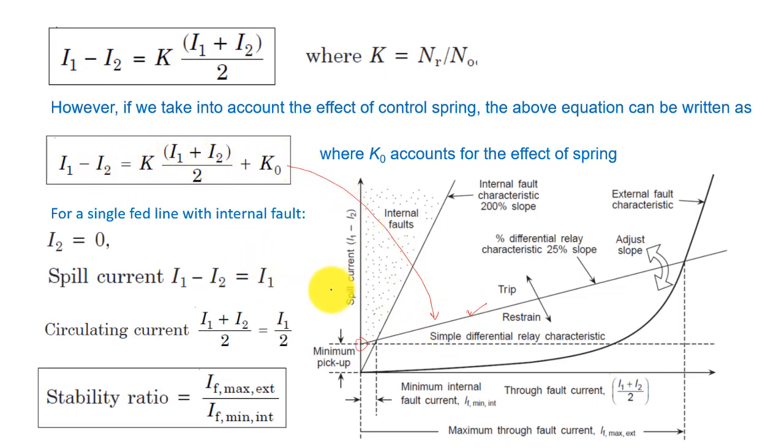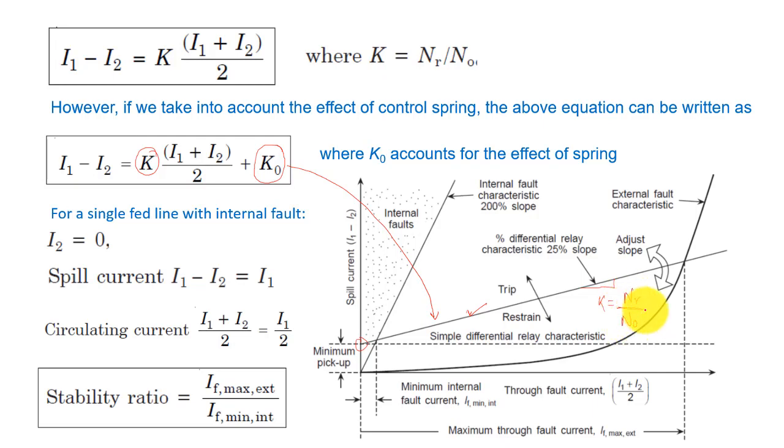We can see here the spill current I1 minus I2 is plotted versus (I1 plus I2) by 2, which is the through fault current, right? And K0, which is because of the effect of the spring, gives the Y-axis intercept, and K in fact gives the slope. So the slope is decided by K. K is nothing but equal to NR by NO, right?